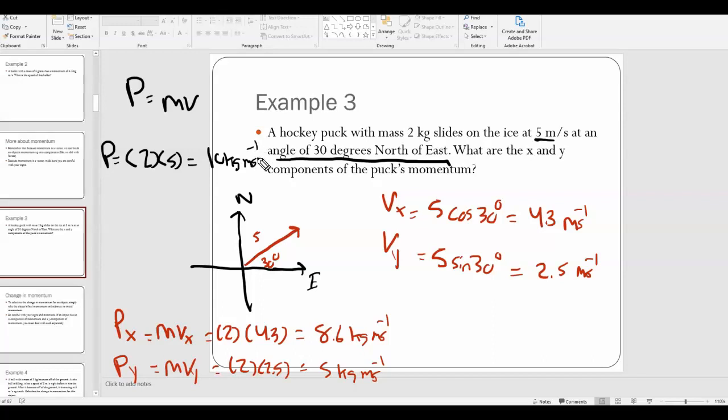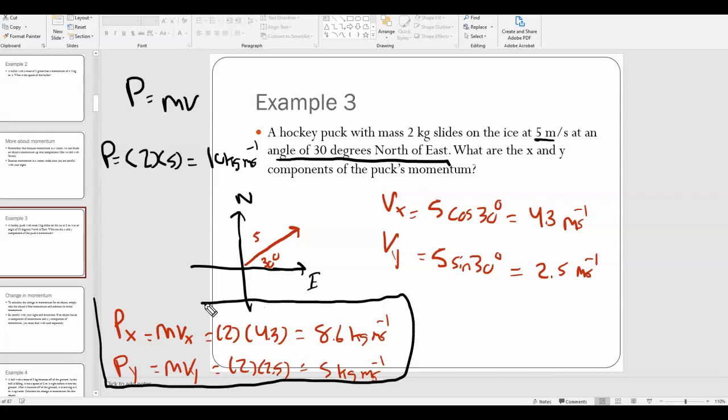If I then take that 10 kilogram meters per second and use the 30 degrees to break that into x and y components, I would find the exact same components that I found before. Neither one of those is any more valid than the other. It's just like how 3 times 5 is the same as 5 times 3. It's the exact same thing, just doing it in a different order. So don't forget that momentum is a vector. All right, pause there if you need to look at that some more.